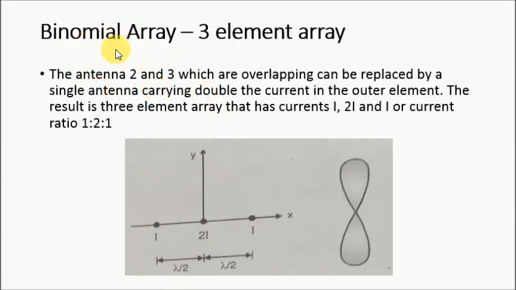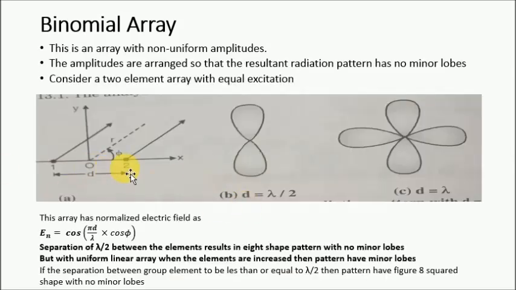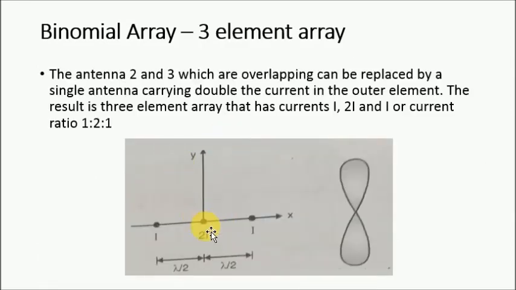Now consider a similar case, but with only 3 elements. In the previous case we saw the 4 element array with the figure-8 shaped radiation pattern. Now we observe the 3 element array with the same pattern, and this can be achieved by overlapping antenna 2 and antenna 3. If there are 4 elements, we can overlap antenna 2 and 3, and it will produce only one source with amplitude 2i.